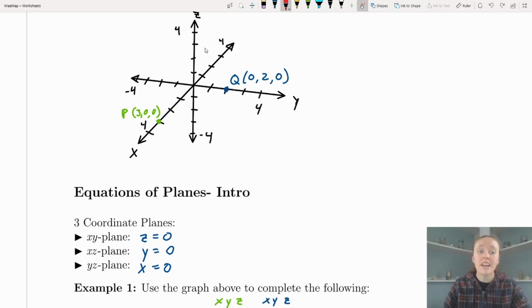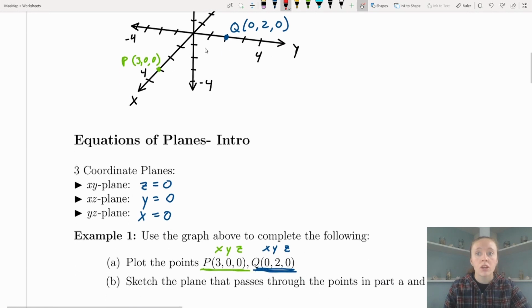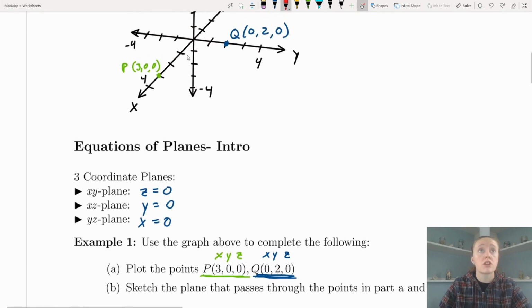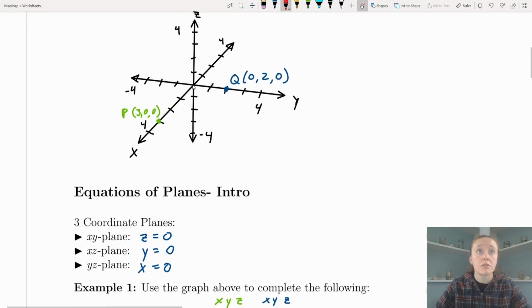But once we add this 3rd point, we will just connect those 3 points to form our plane. Our point R was negative 1, 1, 4. So negative 1 in the X, moving back 1, 1 in the Y, so moving a positive 1 to the right, and then up 4, 1, 2, 3, 4, will be at this point here. Negative 1, 1, and 4.